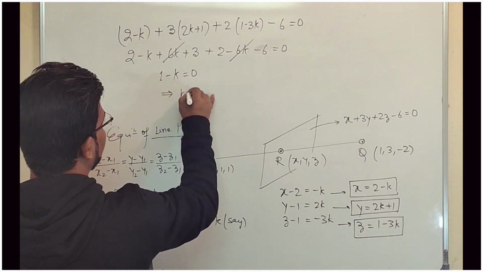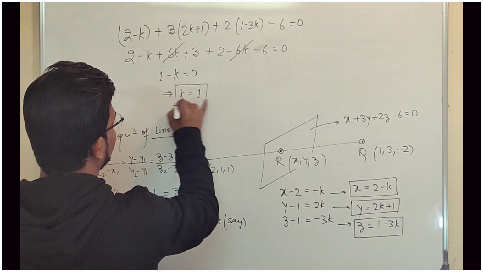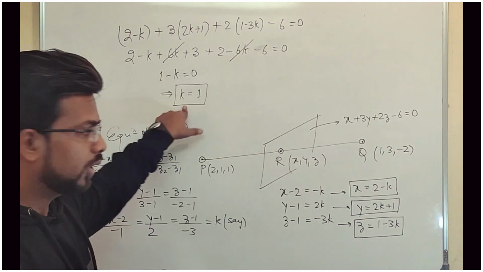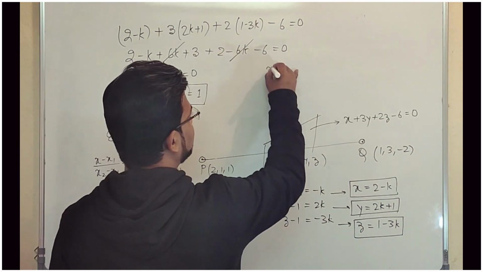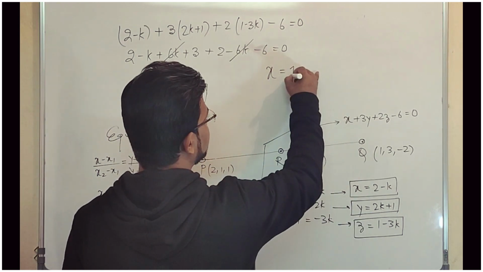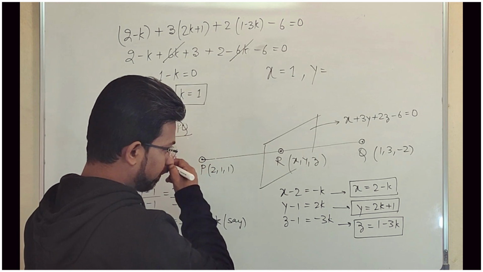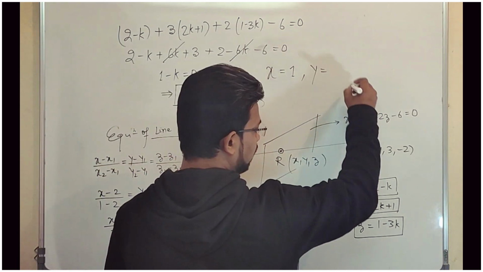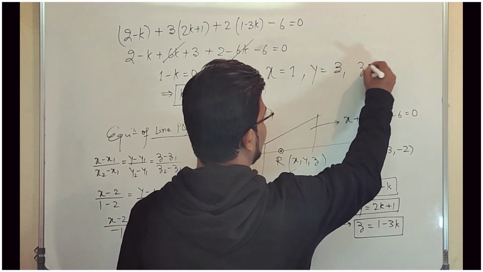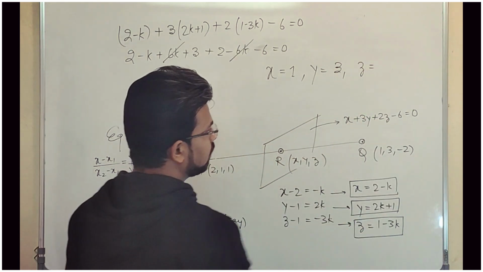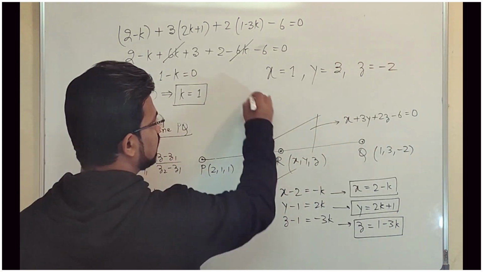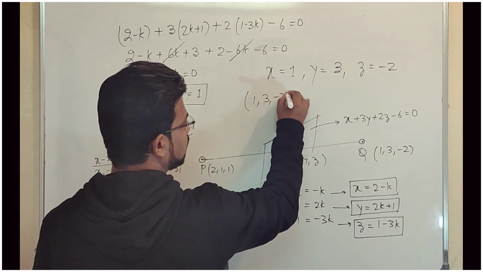So from here I can write k is equal to simply 1. Once we have got the value of k, substitute here. So the x point will turn out to be 2 minus 1, which is 1. The y value will be 2k plus 1, which is 3. And the z value is 1 minus 3, which is minus 2. So your correct answer will be 1, 3 and minus 2.